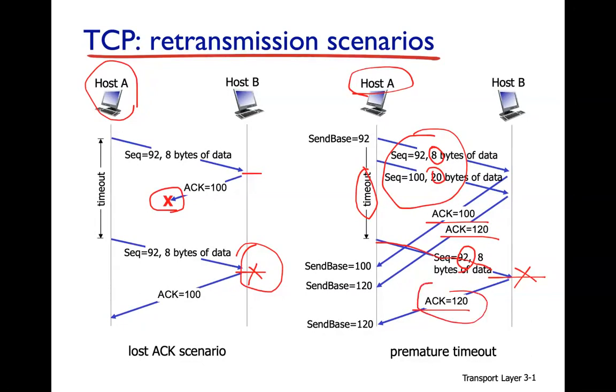So host A knows that these two have already been received correctly, but it will adjust the new timeout time based on our discussion in the last class. So we estimate the new timeout. Probably the new timeout will be longer because this time the timeout was too short.